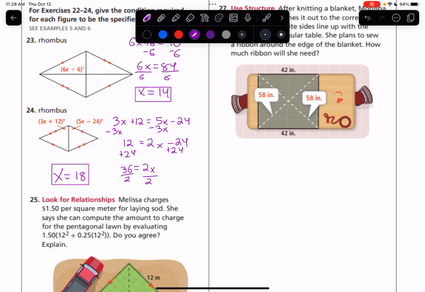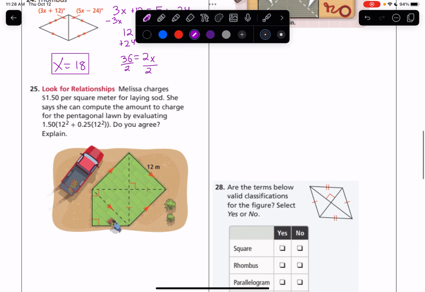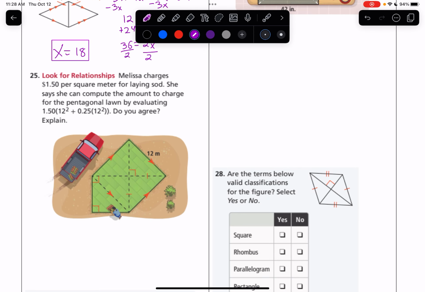There we go. Number 25, Melissa charges $1.50 per square meter for laying sod. She says she can compute the amount to charge for the pentagonal lawn by evaluating the expression 1.5 times 12 squared plus 0.25 times 12 squared. Do you agree or not?